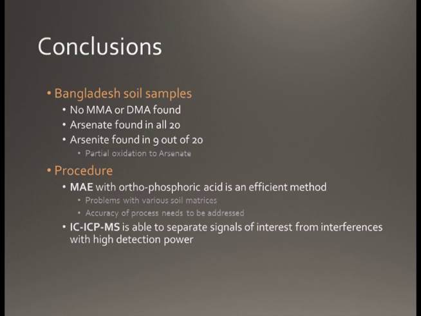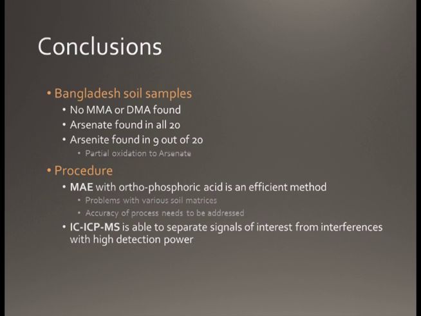And in terms of the procedure, MAE, or microwave-assisted extraction, coupled with orthophosphoric acid as the solvent, was an efficient extraction method. The only problems they saw were with various soil matrices, and they would need to further validate the accuracy of this process in the future.